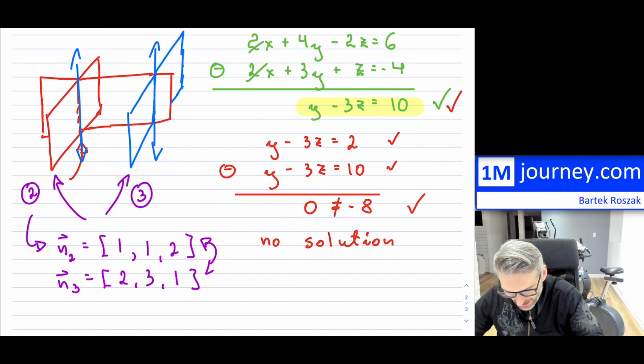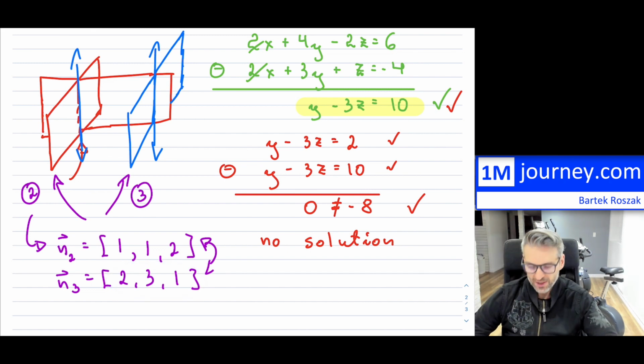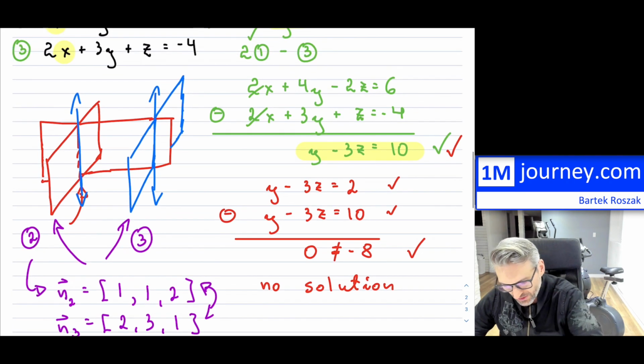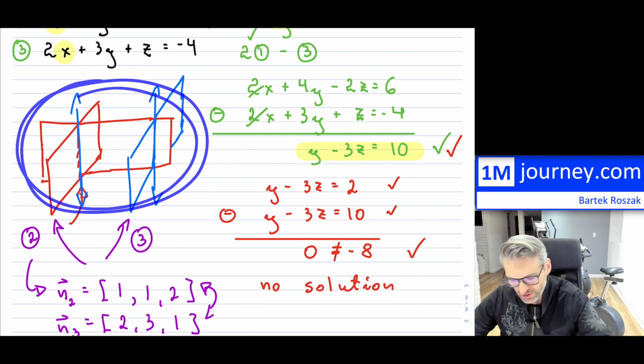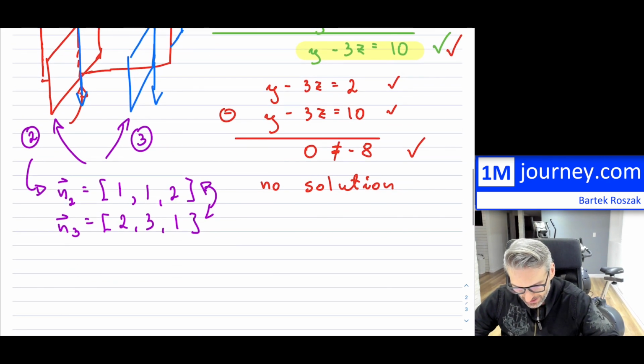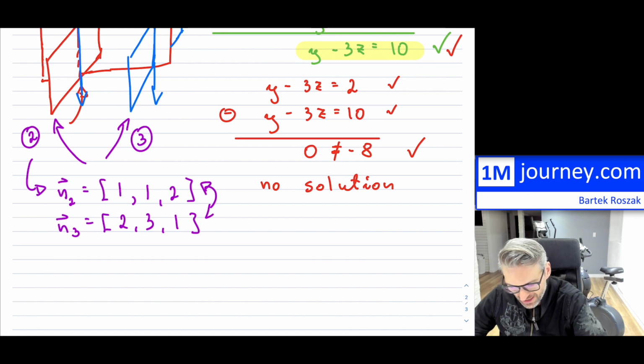But if you do that, then this would become a 2 and this would become a 4. And therefore, this would not be a scalar multiple. So they're not scalar multiples of each other. So this is not what happens, which means that these two must intersect.